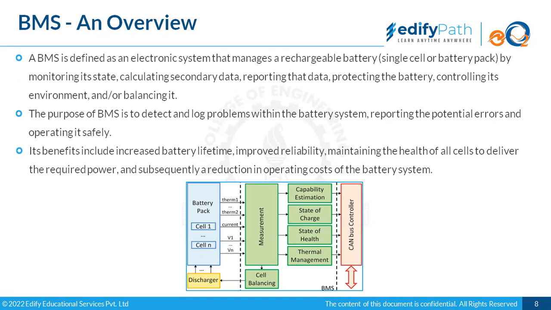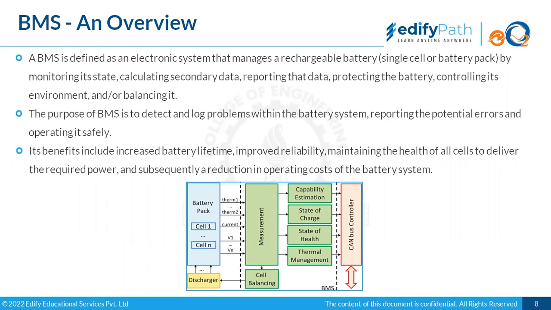At the same time, if there is reverse polarity, say you have connected the charger in opposite polarity, which normally doesn't happen because the plugs are standard. But at times the wire of the charger is cut and then reconnected in reverse polarity. If that happens, the BMS will take care of it and will not allow the battery to be plugged in for charging with reverse polarity.